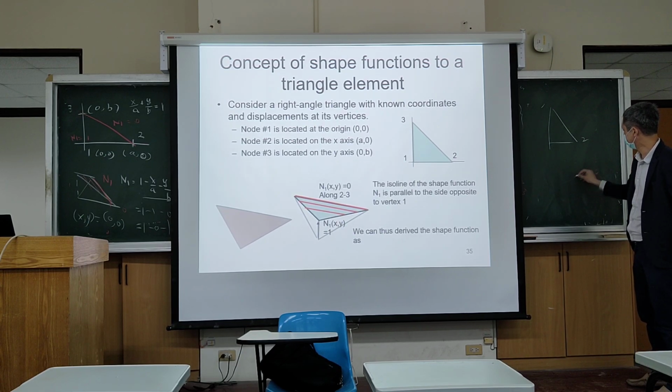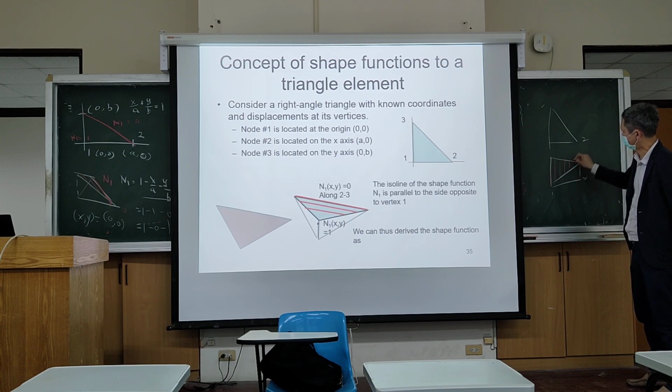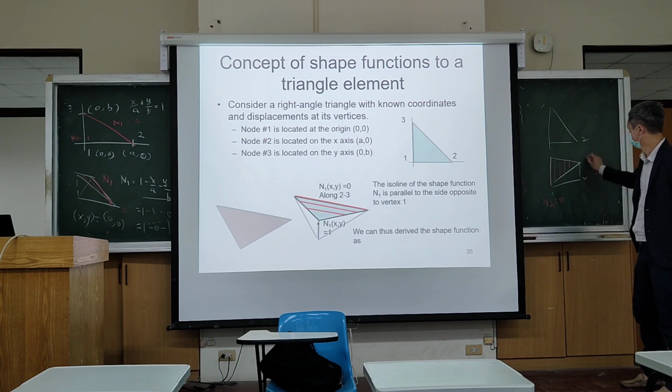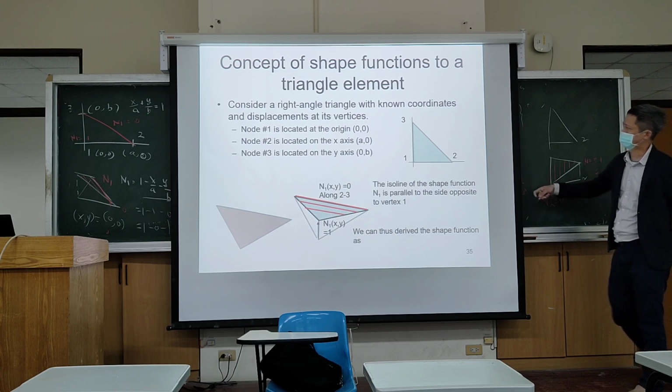So N2, if I draw that, this is node 2, node 1. So this is the opposite line, which is 0. So what is your opposite line?